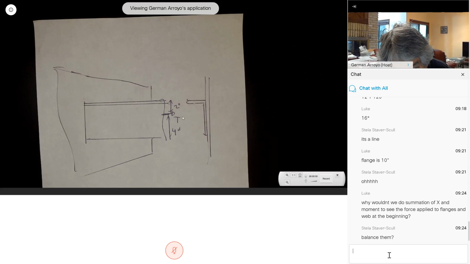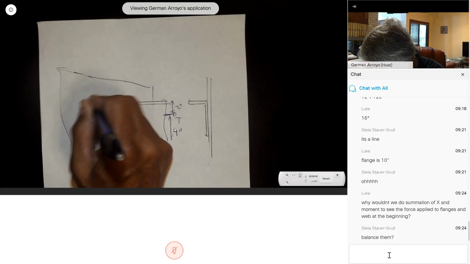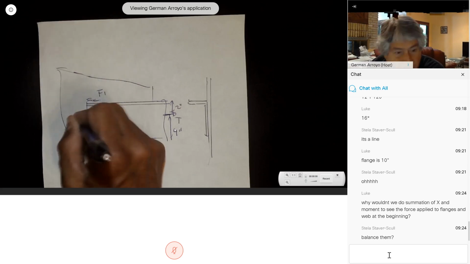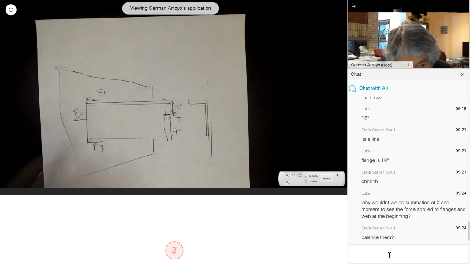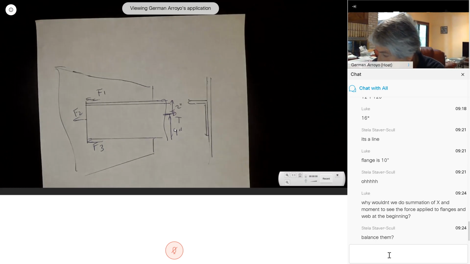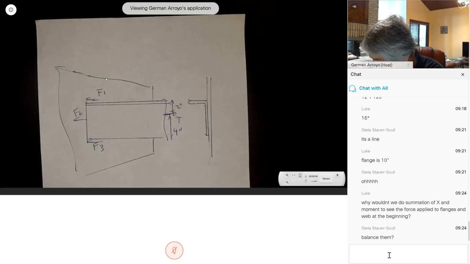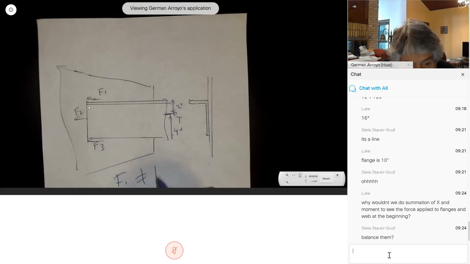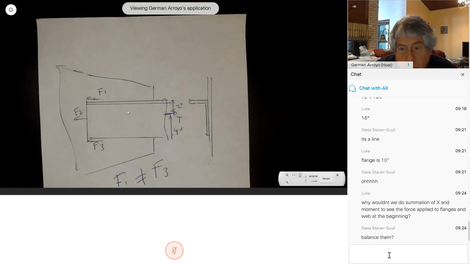In these, there are different dimensions. We're going to have a force in here, F1, a force in here, F2, and a force here, F3. To be in equilibrium, F1 is going to be different than F3. So the lengths of these welds are going to be different.